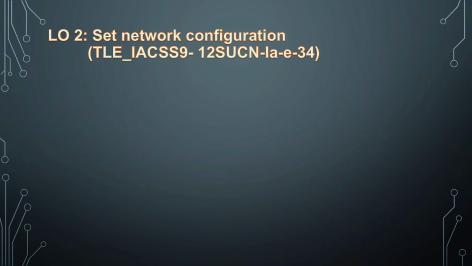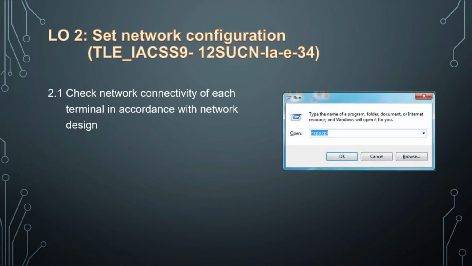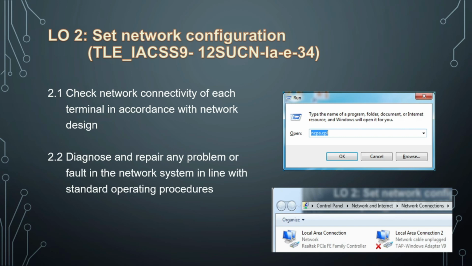Under Learning Outcome 2, Set Network Configuration, you will be able to first, check network connectivity of each terminal in accordance with network design. Second, diagnose and repair any problem or fault in the network system in line with standard operating procedures.